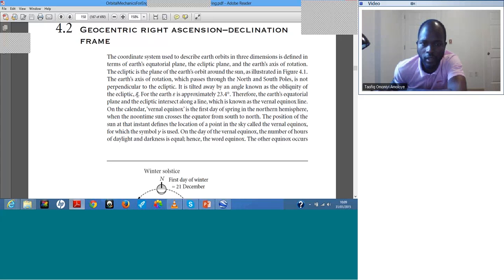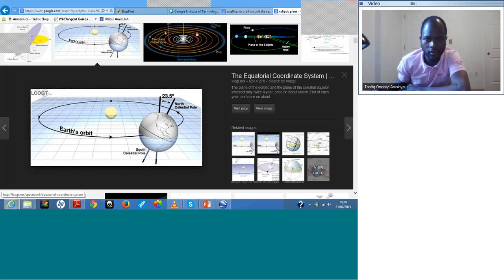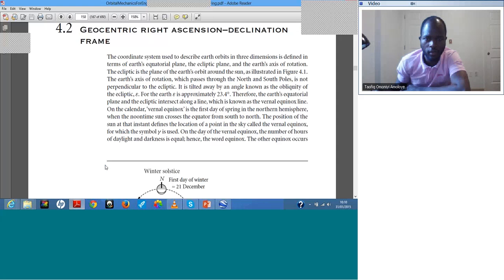So the 23.5 degrees or 23.4 degrees, which I showed you, this is the obliquity of the ecliptic plane.